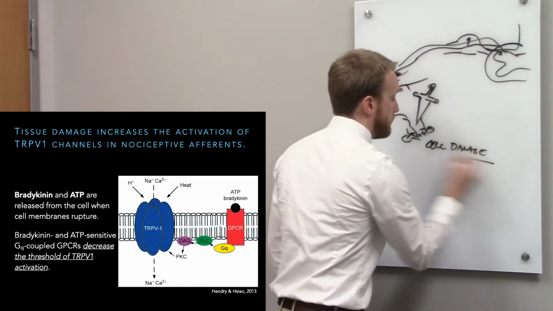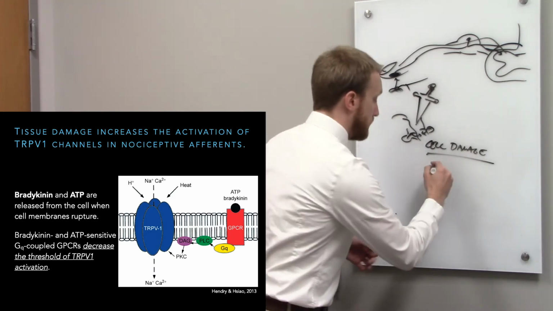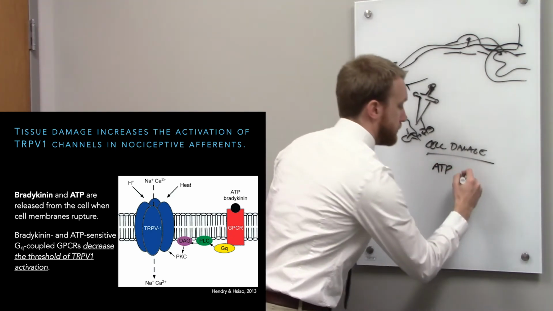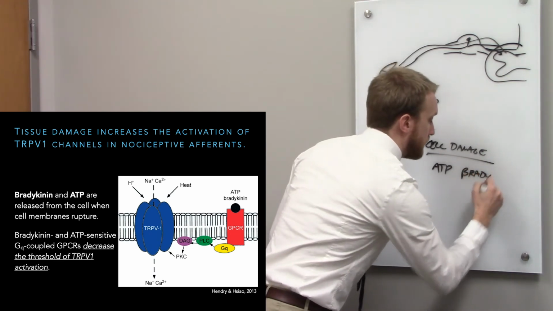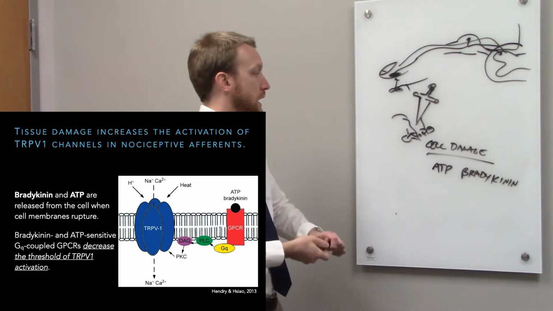So that boo-boo causes cellular damage. What was inside is going to leak out. So two important molecules here, ATP and bradykinin, are going to leak out.